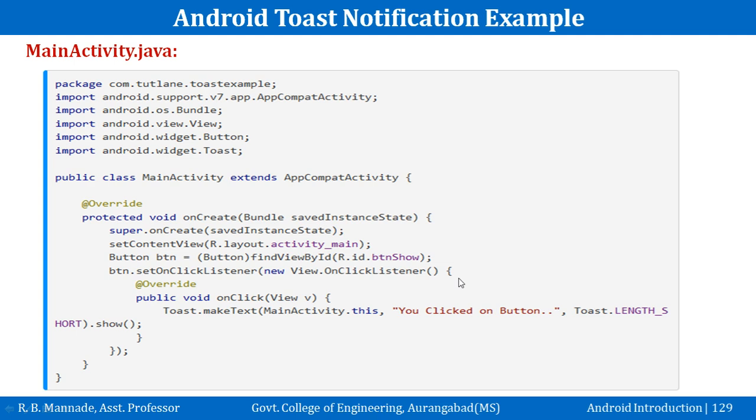It means whenever the user clicks that particular button, your execution control will come into this particular onClick function, and whatever code you have written in the body of this onClick function will be executed.